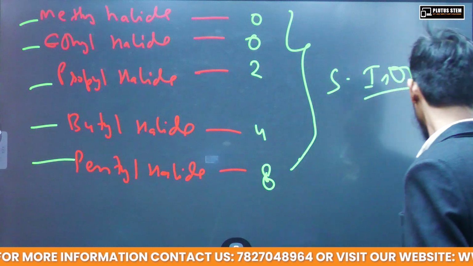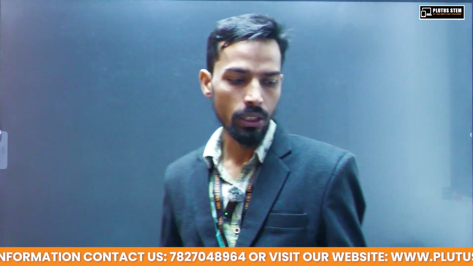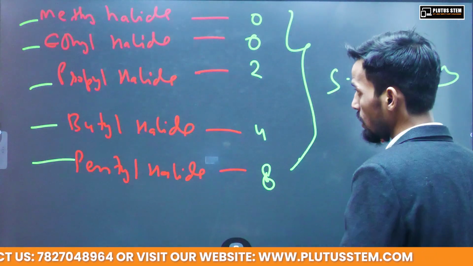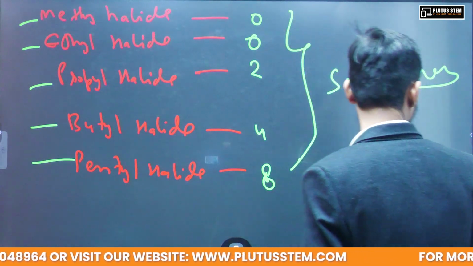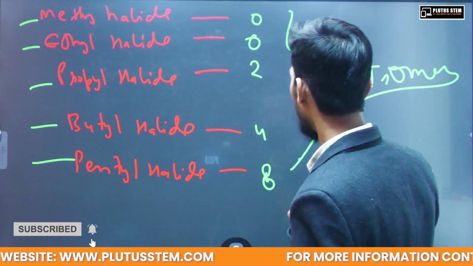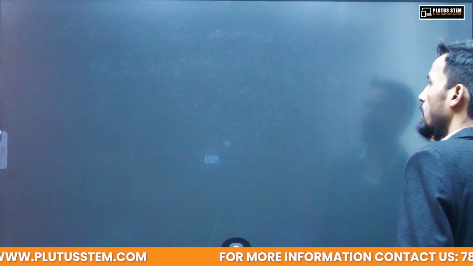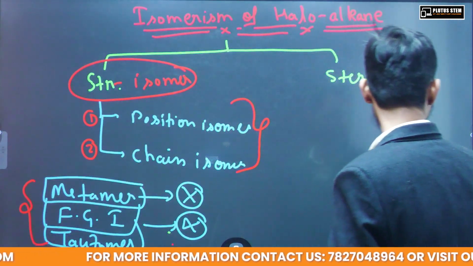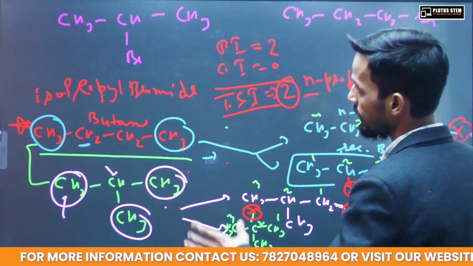Clear? Now one more thing regarding the halogen: if you don't need to do this trick, that would be much better. You don't need to remember it. The easiest way I have shown you is just to know the parent chain.